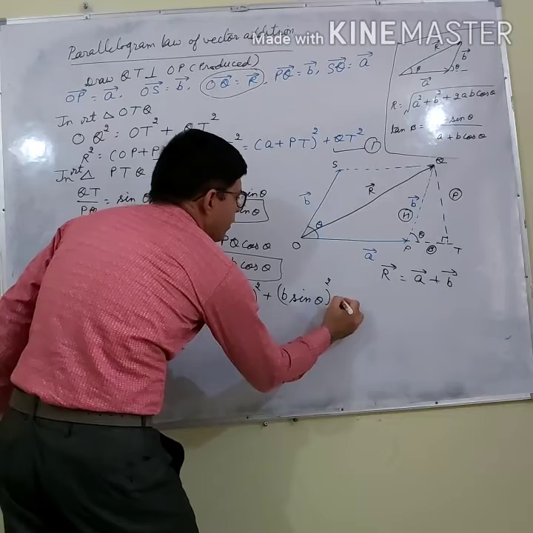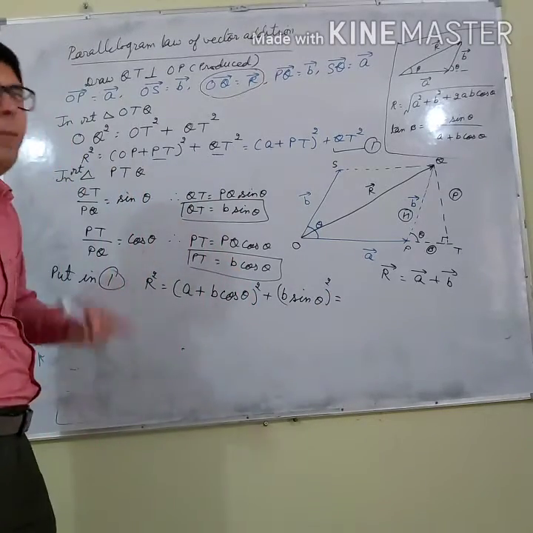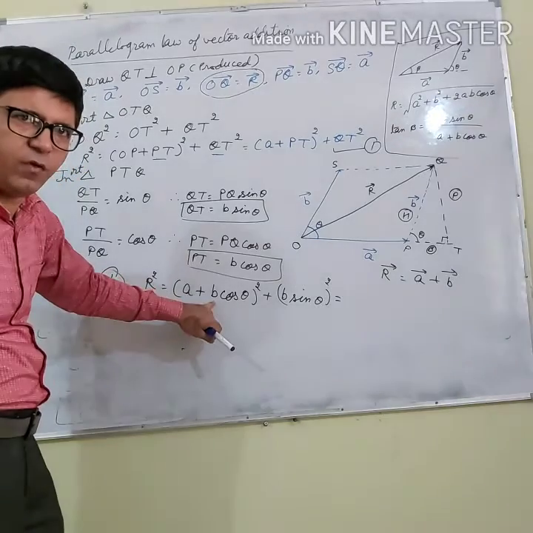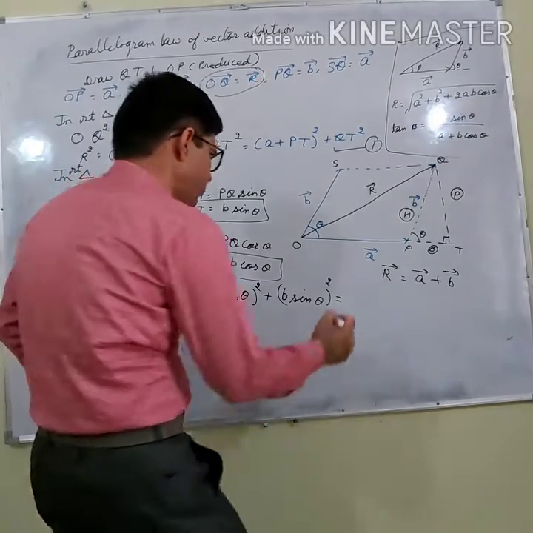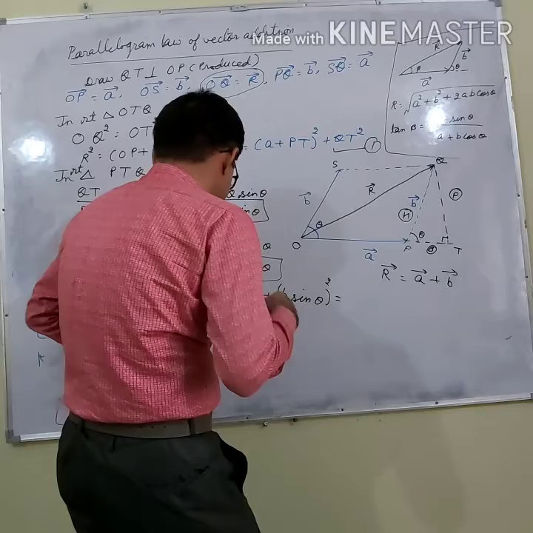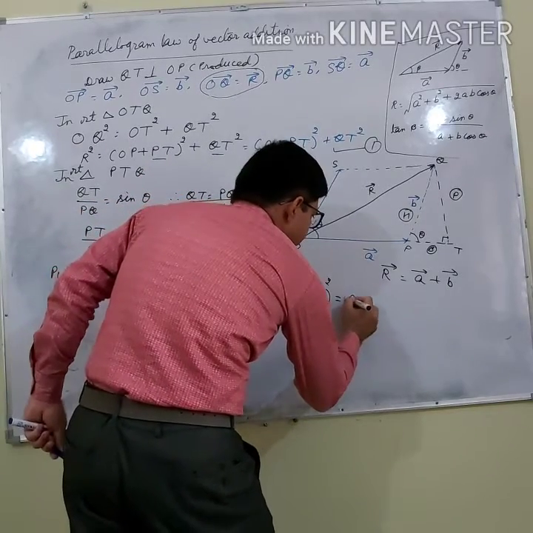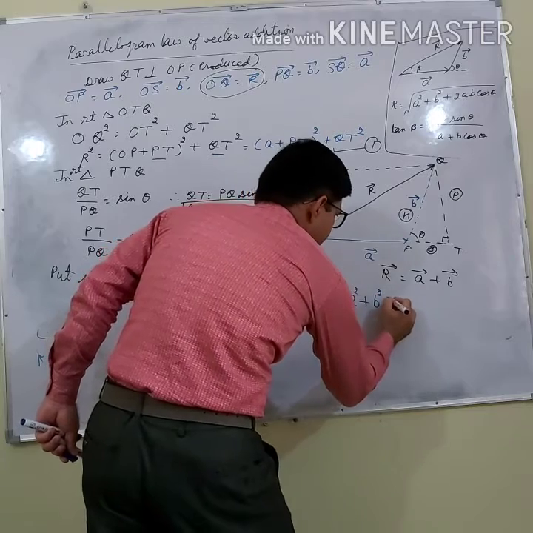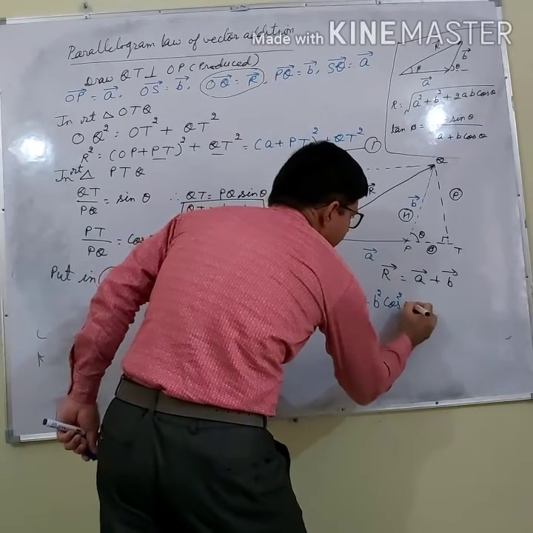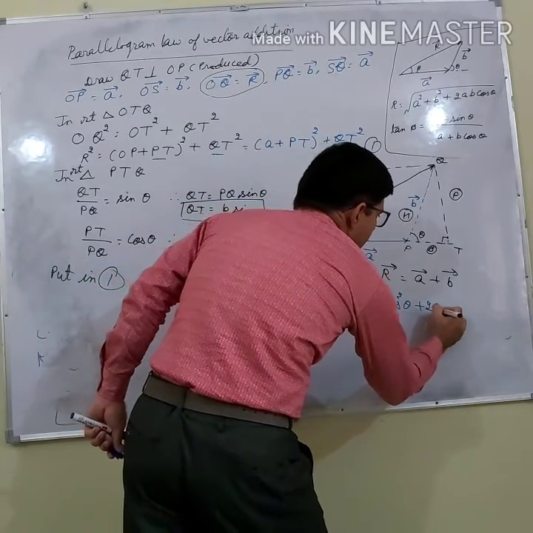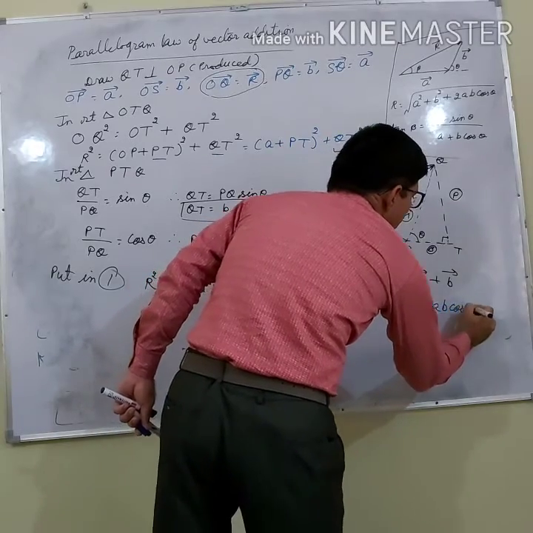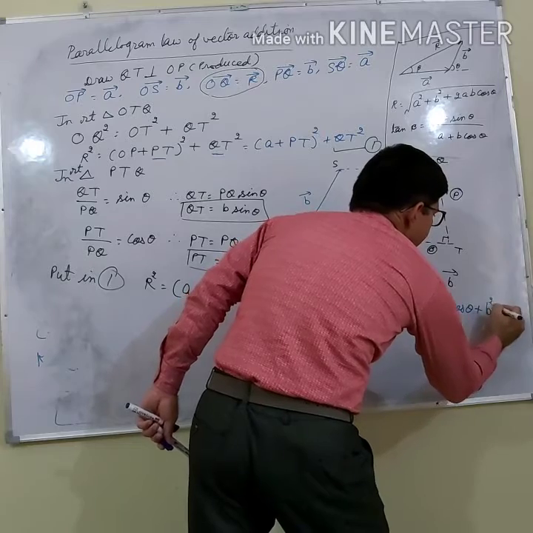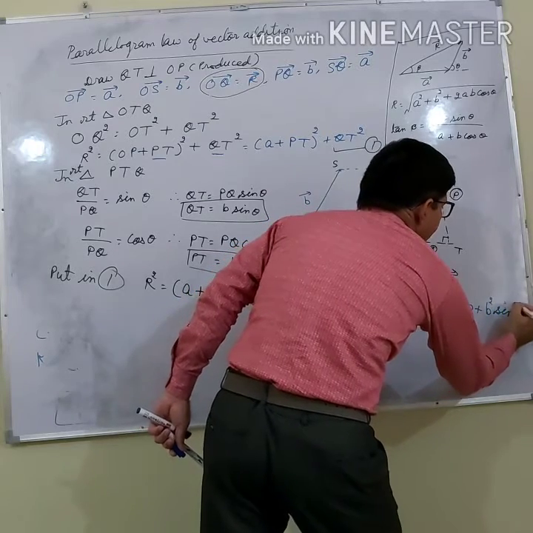Now when you open the bracket, you will get A square plus B square cos square theta plus 2AB cos theta plus B square sin square theta.